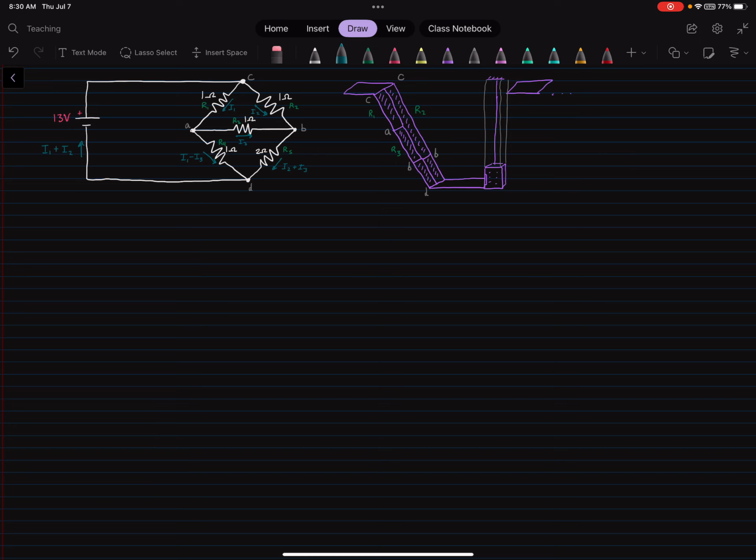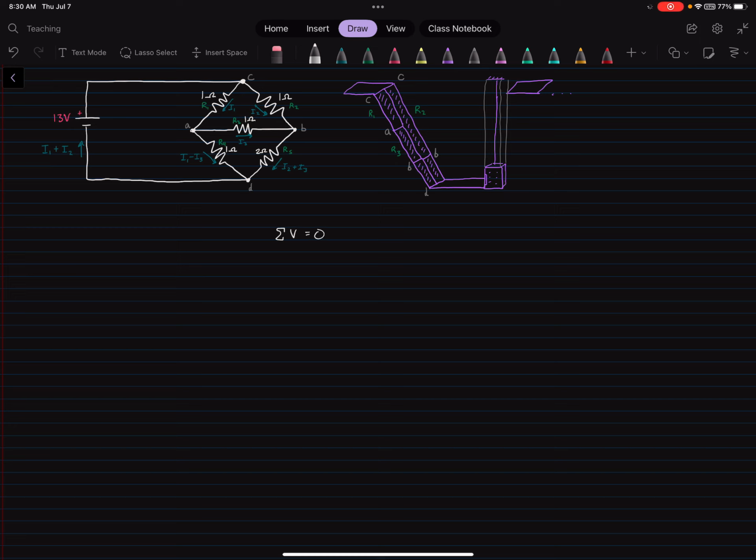So we're going to use our Kirchhoff rules, right? The sum of all the current equal to 0. And the sum of all voltage, I think it's this one that we're particularly using. Sum of all voltage is going to be equal to 0.